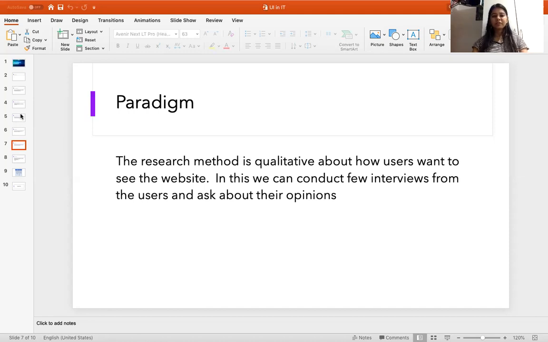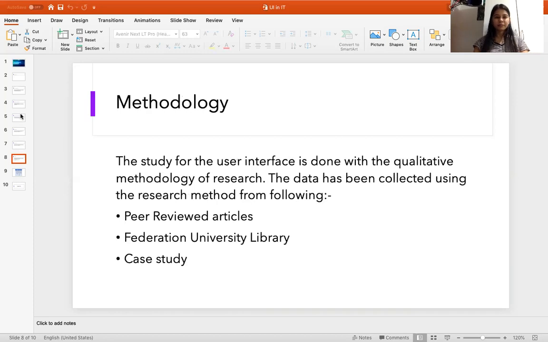We can ask people about their opinions of what they want to see in any website. I guess this is the most effective part because we are designing anything for the public, not for anybody else.